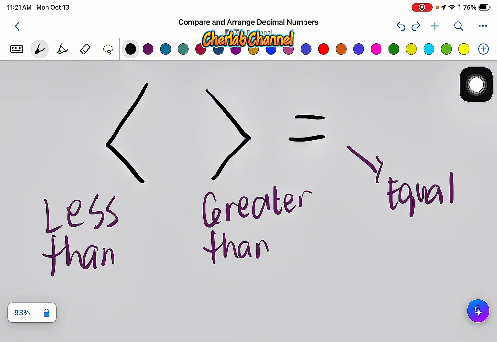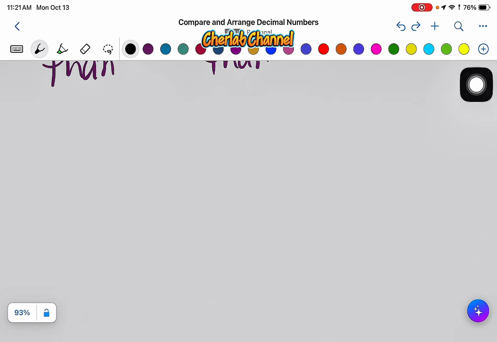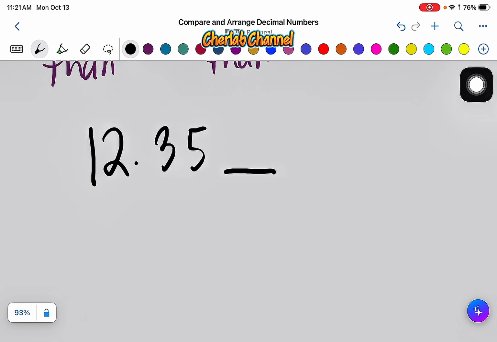Let's say we have another example. For the decimal numbers naman, we have 12.35. What is the comparison symbol we have to use? 12.35 and 12.31. So which number is bigger? Pareho sila ng umpisang number na 1. Pareho silang may 2 na kasunod.